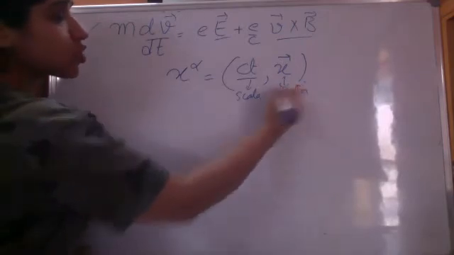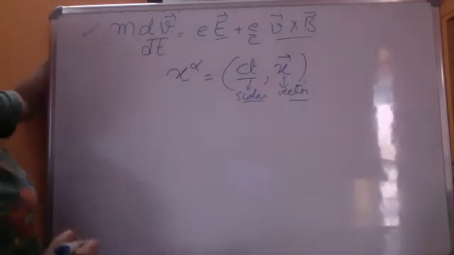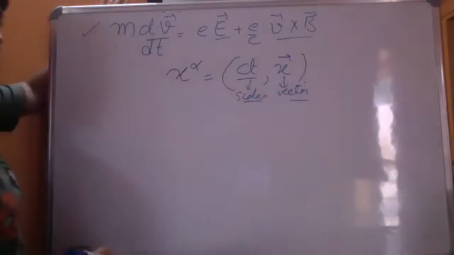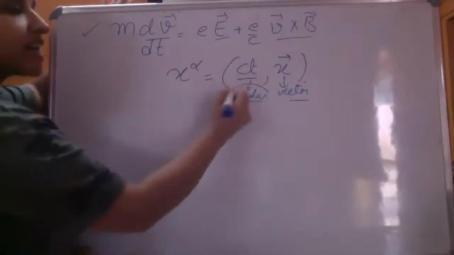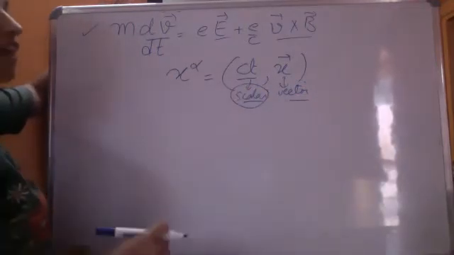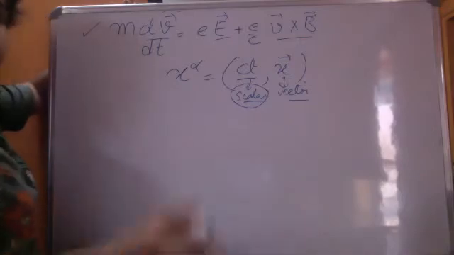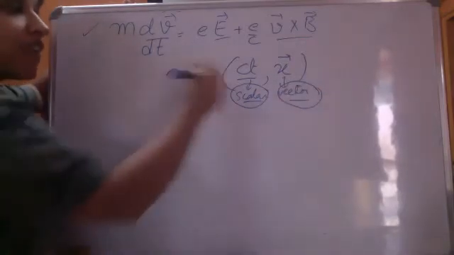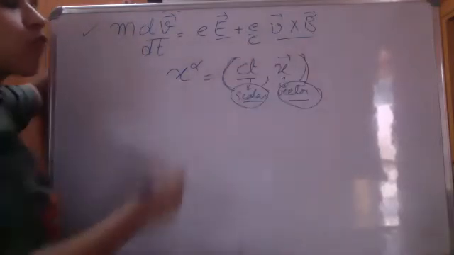They are two quantities of very different behavior. We know how scalars behave under linear transformations. We know how vectors behave under linear transformation. By definition, we define something as a scalar which remains invariant. On the other hand, we know how a vector behaves, but when we put them together is when we form a four vector. Right?